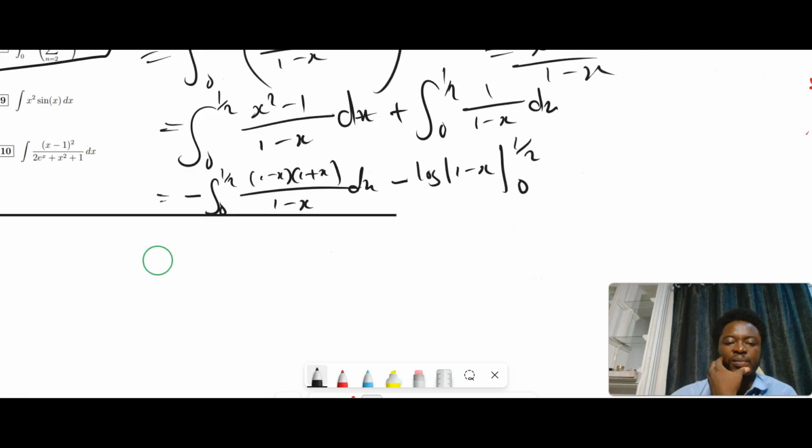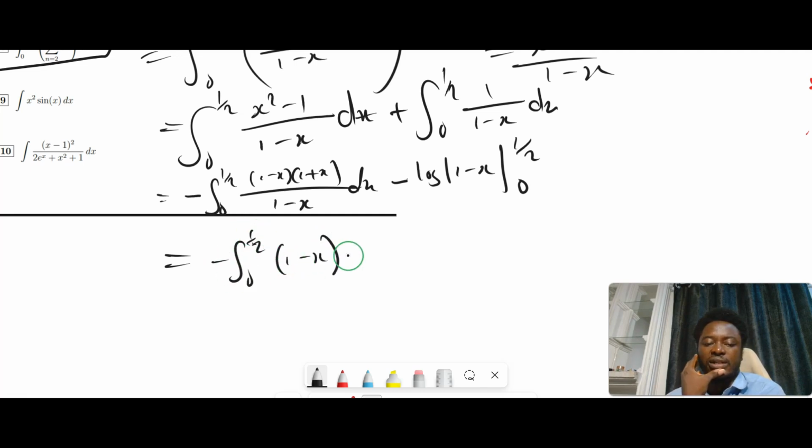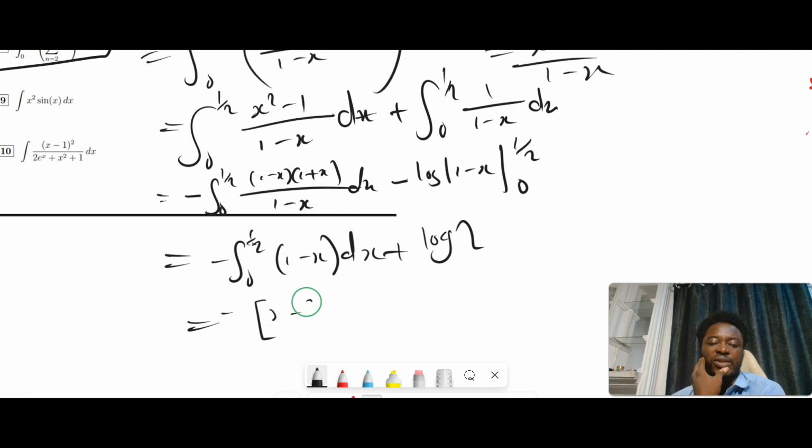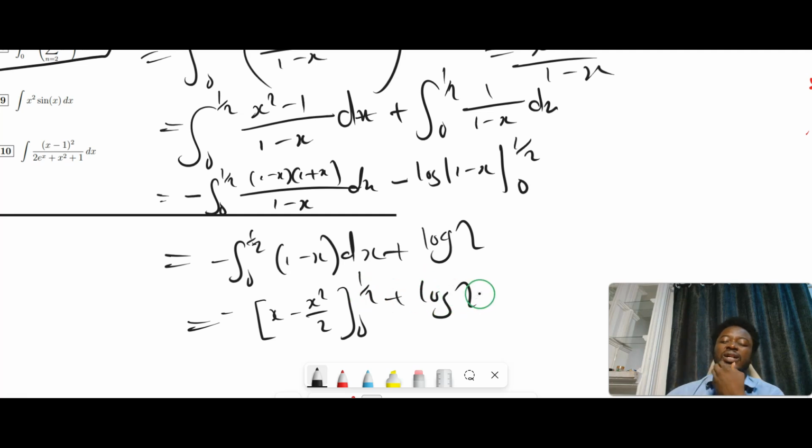So that would be negative integral from 0 to 1 over 2 of 1 minus x dx minus, I think that is plus logarithm of 2. Then here you have a negative, you have x minus x squared over 2 from 0 to 1 over 2 plus log 2. So at 1 over 2, you have 1 over 2 minus 1 over 4 times 1 over 4, 1 over 8.